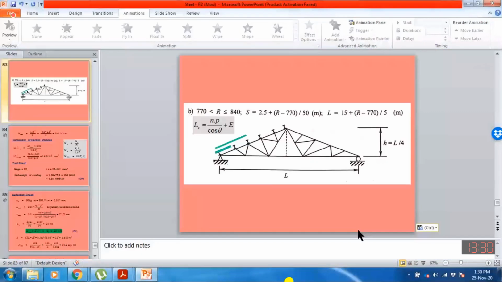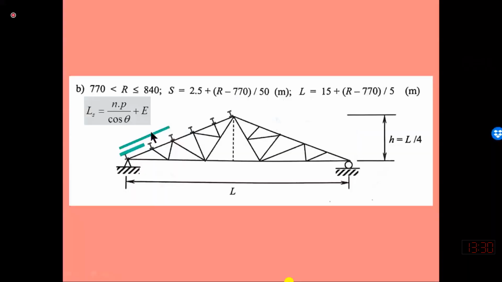Actually, I want to check the maximum length of the sheet which is available in the market: can I cover two panels with one sheet or not? Or maybe I just need to cover only one panel with one sheet. So I will compute the length of the sheet.